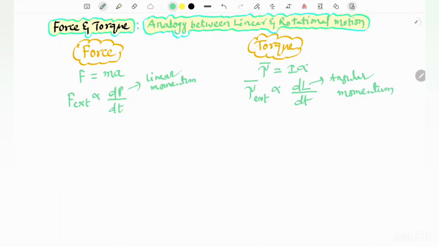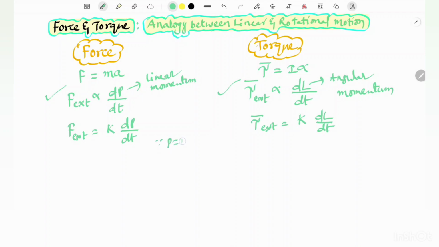See, there exists an analogy between these two physical quantities. By removing the proportionality, we get a proportionality constant k into dP by dt. In the same way, here also we get tau external is equal to some proportionality constant into dL by dt.